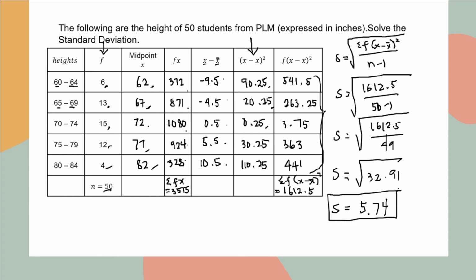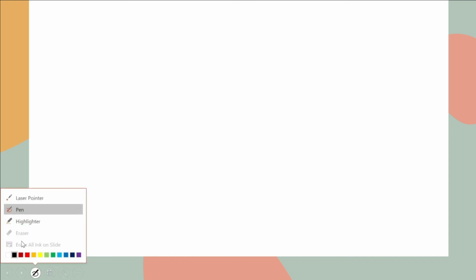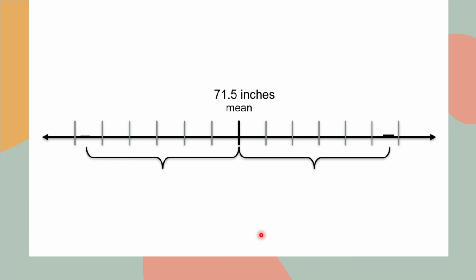Okay, visualize natin kung gaano ba kalayo tong 5.74 sa mean. So, lagay natin siya sa number line. Yung mean, siya yung nasa gitna. So, the standard deviation is 5.74 units from the mean.